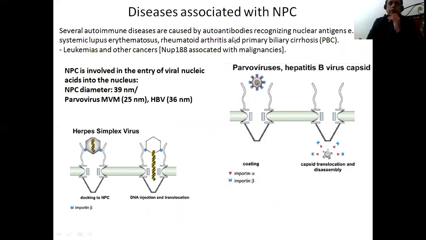Antibodies generated by your body sometimes target antigens or proteins of your own body. That kind of situation is known as autoimmunity. It means the antibodies produced by your own immune cells are recognizing your own body or cellular proteins as antigens, and they attack them and destroy them.